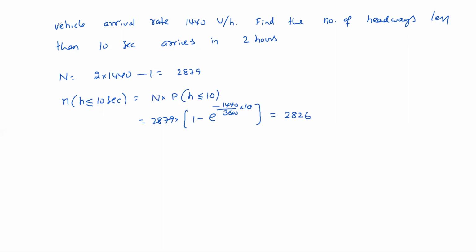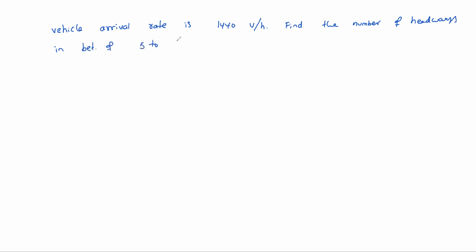Similarly, one more problem. Vehicle arrival rate is 1440 vehicles per hour. Find the number of headways in between 5 to 8 seconds that arrive in 4 hours.